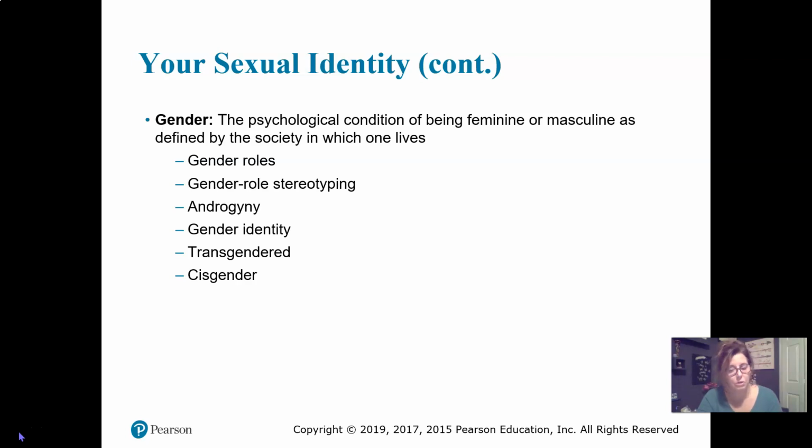Gender role stereotypes can make it difficult to express one's own sexuality. Androgyny is a combination of both masculine and feminine traits in a single person. Gender identity is a person's sense of awareness of being masculine or feminine.